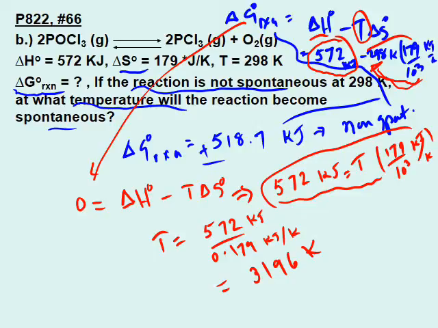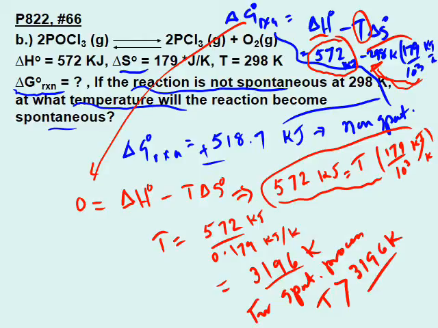What it tells you is that temperature has to be greater than this. So for a spontaneous process, temperature will have to be greater than 3196 Kelvin. Any temperature above 3196 would make the right hand side quantity bigger than 572.